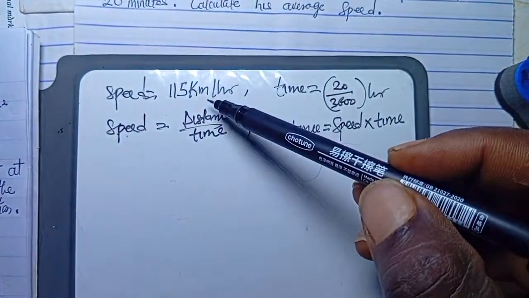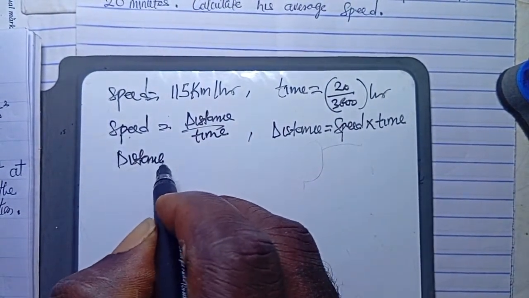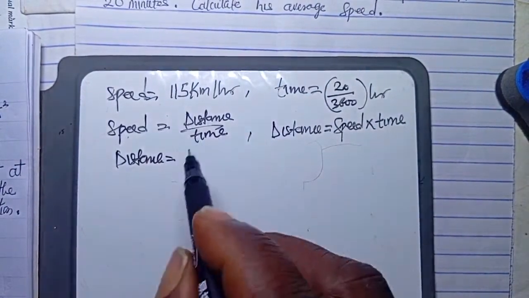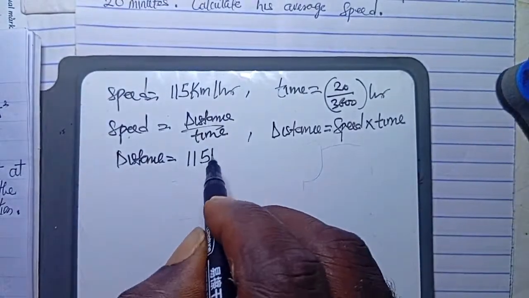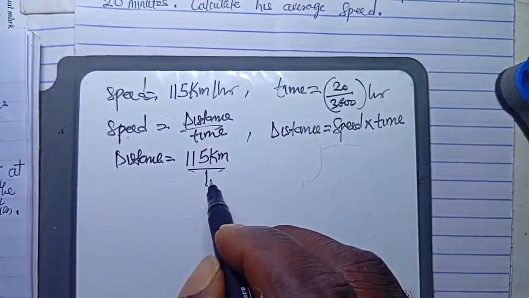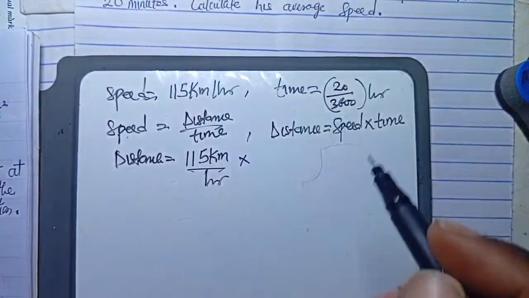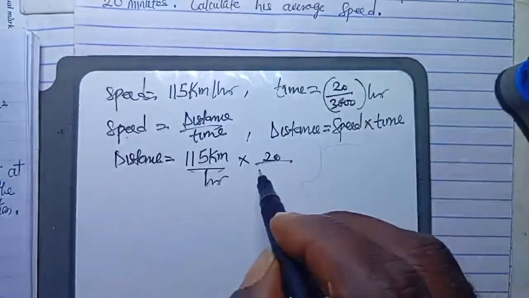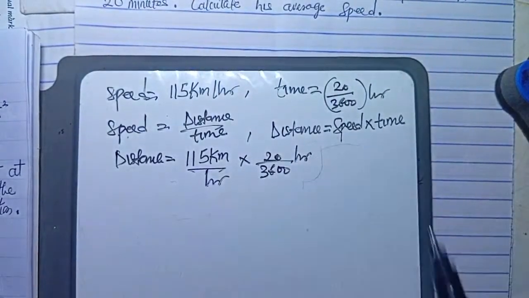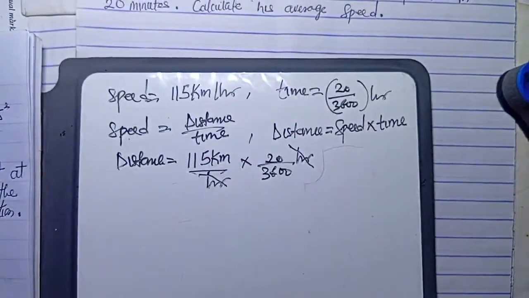We have our speed and time. So distance is equal to speed, our speed is 115 kilometers per hour, meaning divided by hour. Our time is 20 over 3600 hour. So first thing which will happen is we cancel hour.